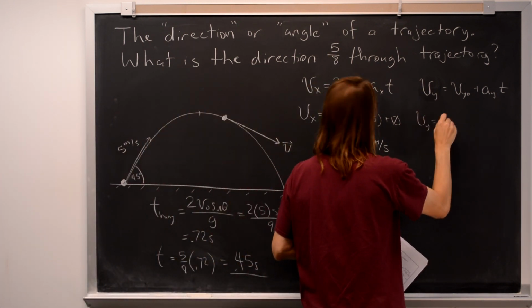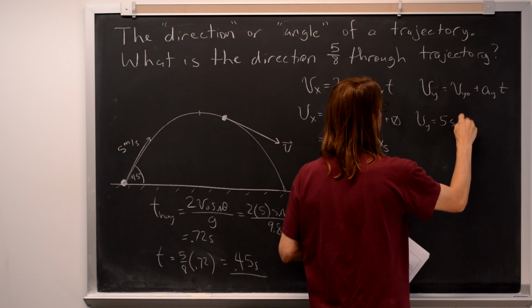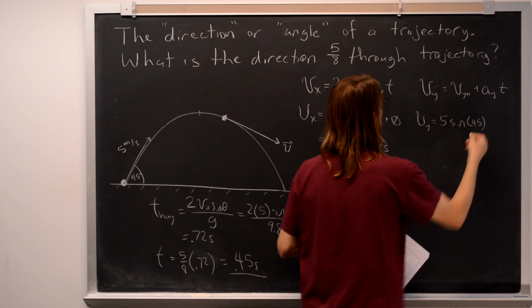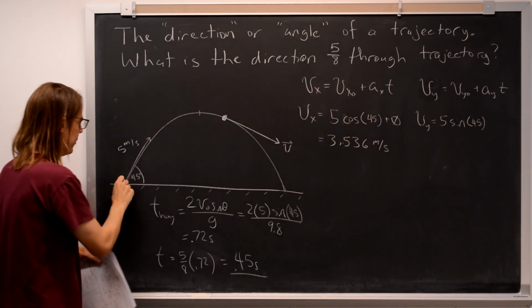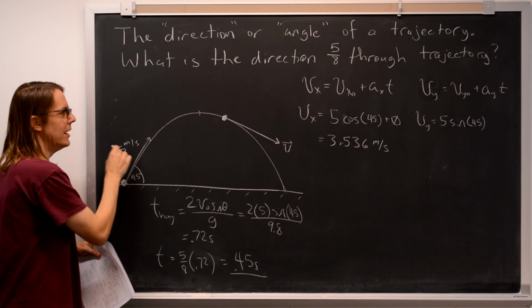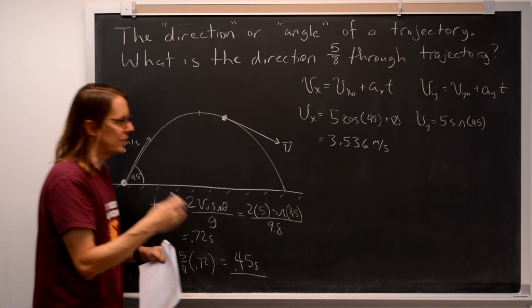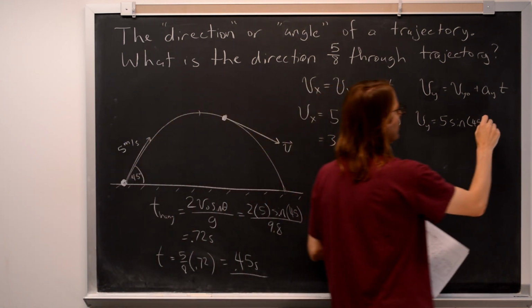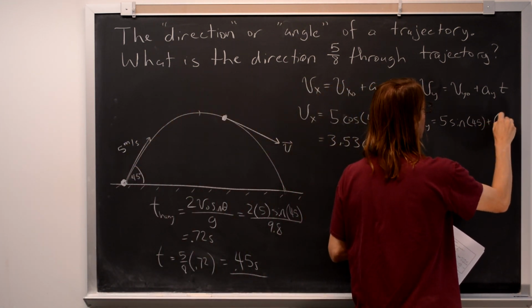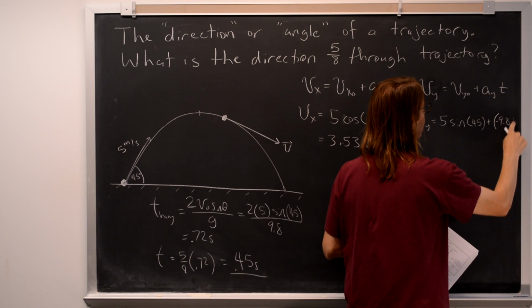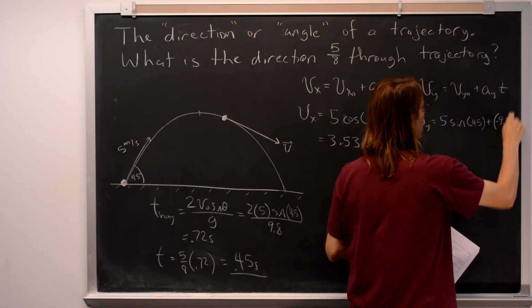Y is slightly more complicated. Vy is 5 times the sine of 45, to get the vertical component of the motion, and it is going to evolve in time because it is accelerated. The y is accelerating at negative 9.8, and for how long? 0.45 seconds.